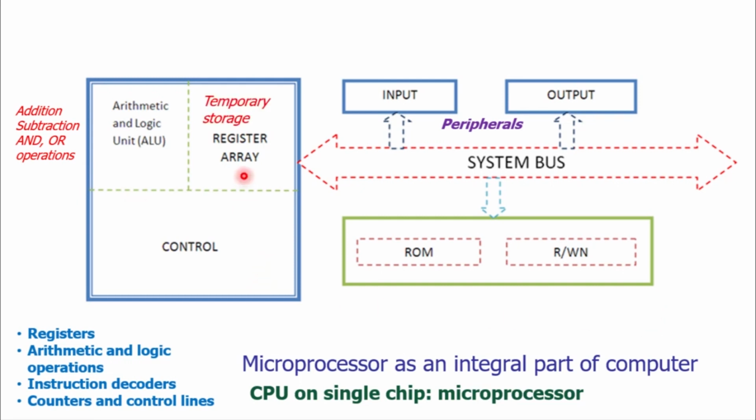The register array has a set of registers which act as temporary storage devices. Whatever information we get from the memory, whether the permanent or the random access memory, will be stored in a temporary manner inside the CPU itself. Based on the control instructions, the microprocessor takes this information from the temporary storage.